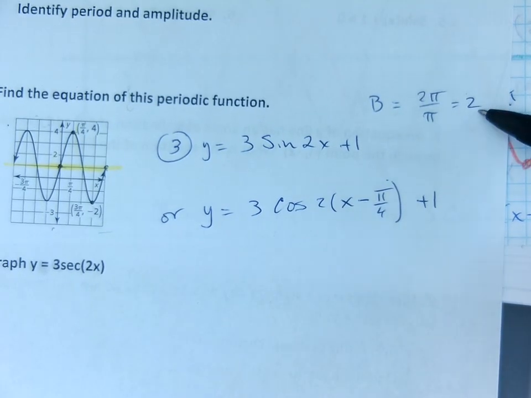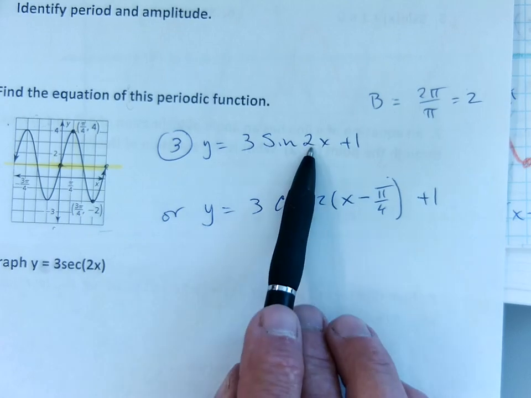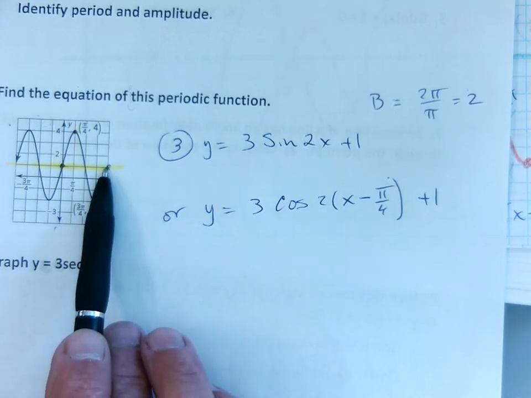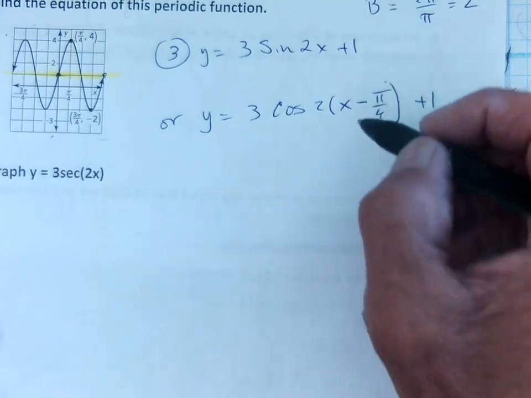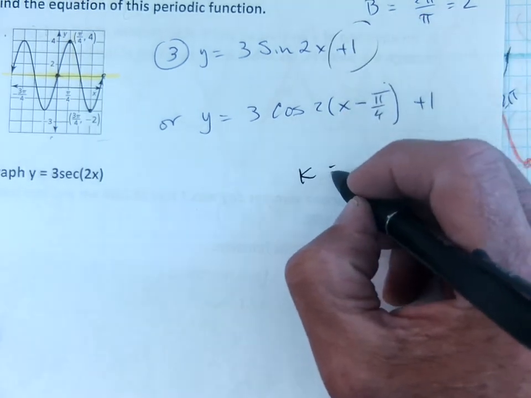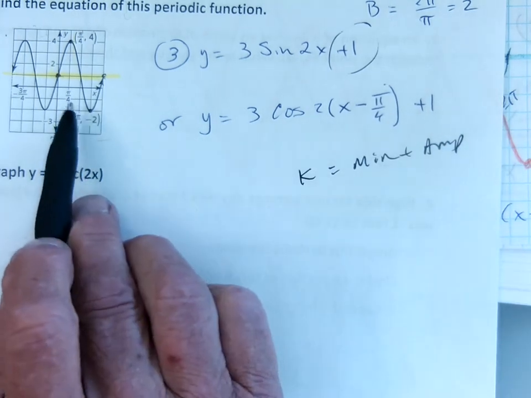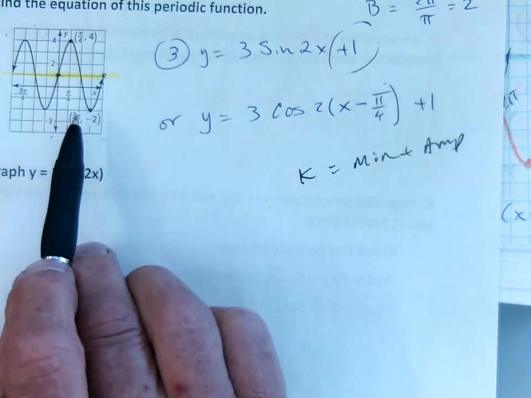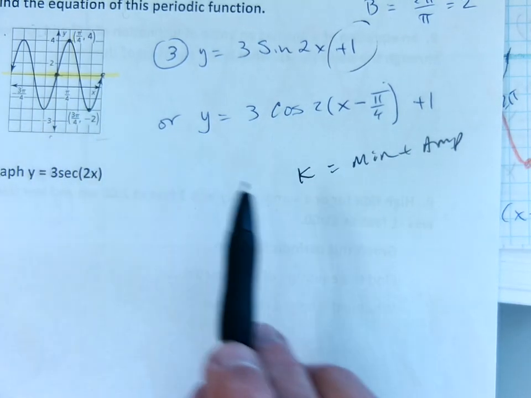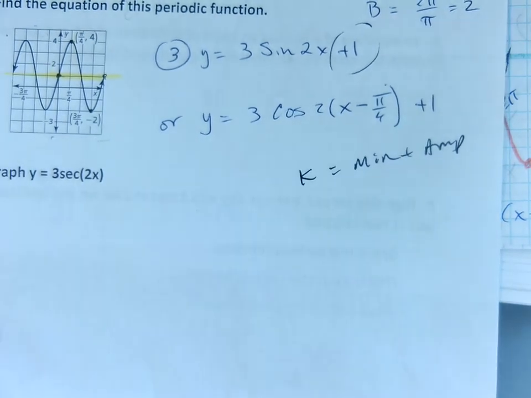The curve width gives me 2. So there will be 2 curves. I put 2x. And the whole curve was bumped up 1. If you have a hard time figuring out what that number is, this value here called k is always the minimum plus your amplitude, which would be 1 is your minimum plus your amplitude, okay? The whole curve got moved up 1, okay?